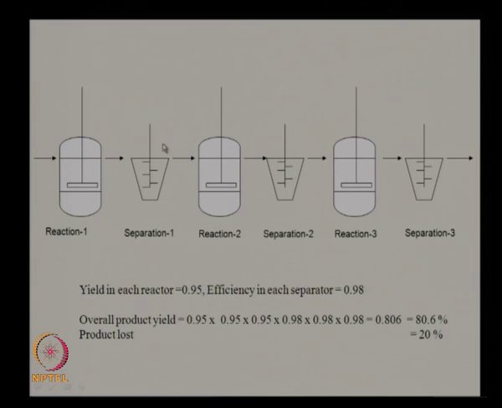Although when I look at each of these separators, I may think each one is performing extremely well, because each separator has 98% separation efficiency and each reactor has 95% yield, when I multiply all of them I end up with only 80%, which leads to 20% loss of the overall product when I move from this place to this place.